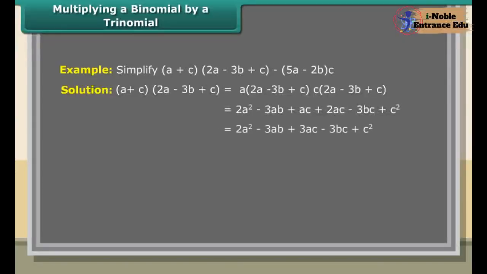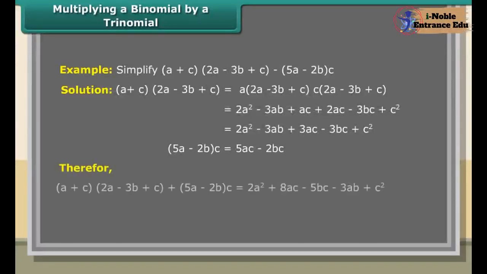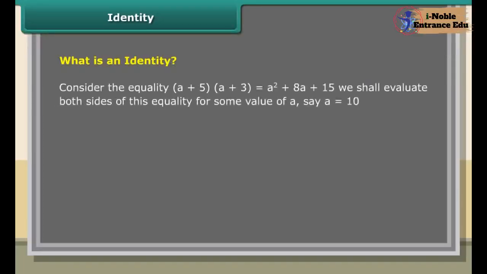Solution. (a + c)(2a − 3b + c) = a(2a − 3b + c) + c(2a − 3b + c) = 2a² − 3ab + ac + 2ac − 3bc + c², which equals 2a² − 3ab + 3ac − 3bc + c².